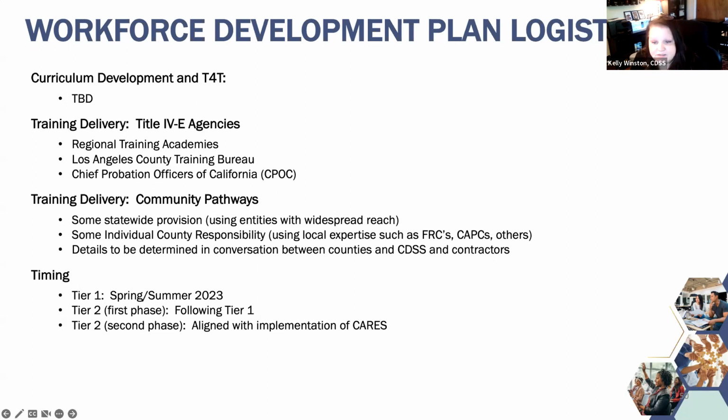In addition to this, we have this primary curriculum that will be adapted for each audience to ensure it meets the needs of their role, whether they're a child welfare worker, a probation officer, or a community pathway provider, someone providing services in a tribal community. We want to make sure that that primary curriculum has those nuances to meet all of those needs.